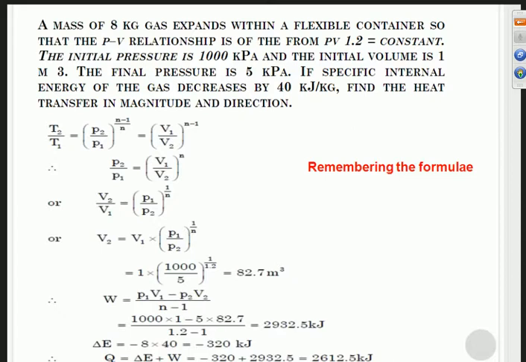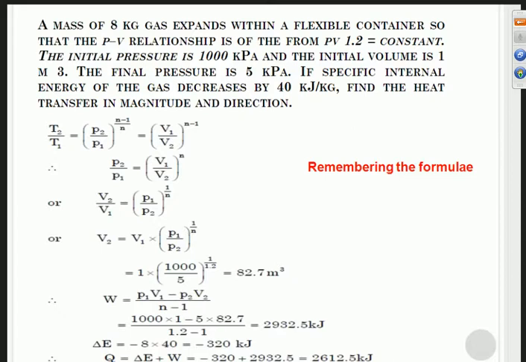So if you teach a single problem in this way, then they will think, okay, the first law is not alone a single formula, it has some other concepts which we have to recollect. That I made here. In this single problem, he is recollecting almost 5 formulas.